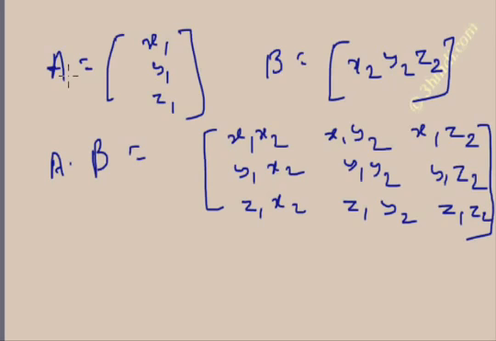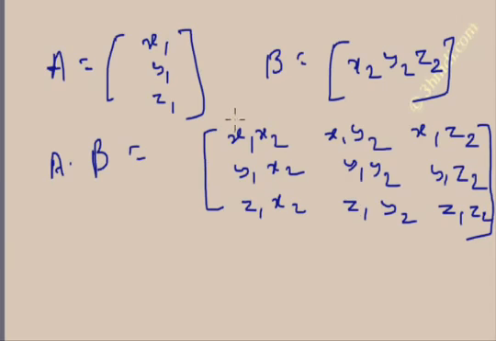Multiplying A and B, you get x1x2, x1y2, x1z2, and similarly the rest of the matrix. So check whether the determinant is 0 or not.